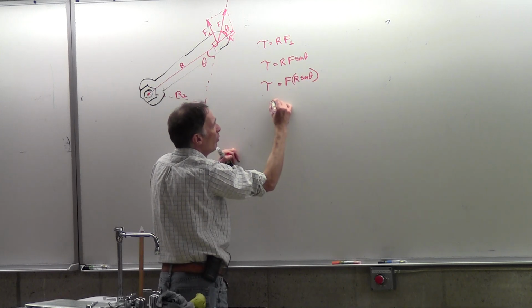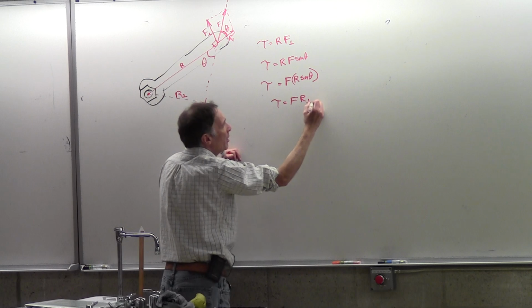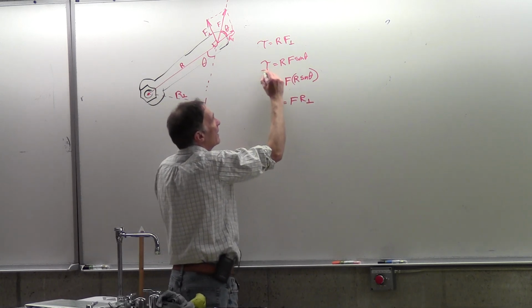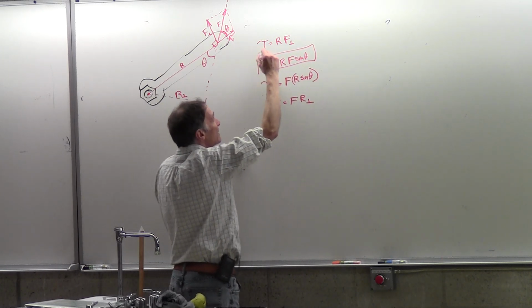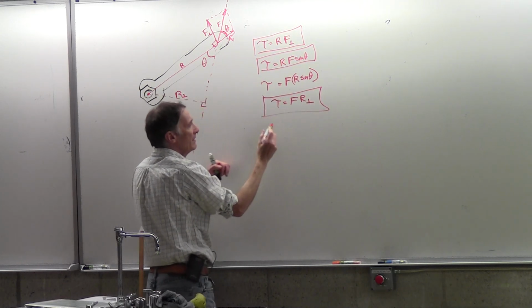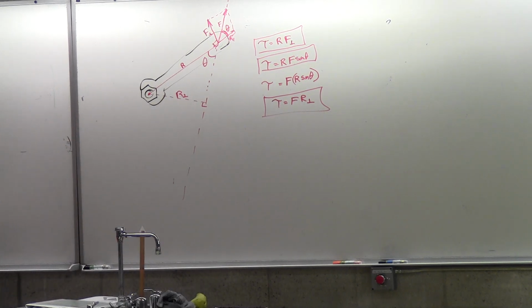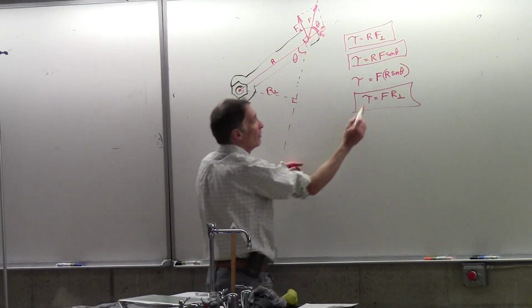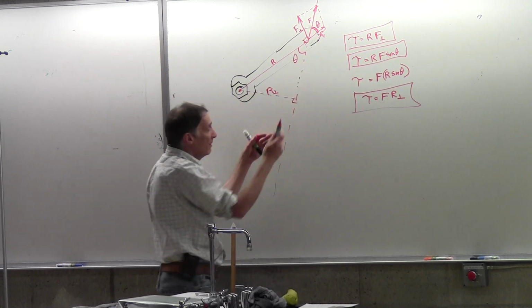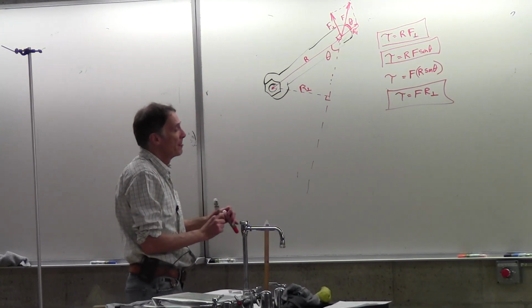So torque is equal to F times R perpendicular, and you've got three ways of calculating the torques. Very often this is the one that's a lot easier to apply, although any of these three, depending on the situation, you're free to use.